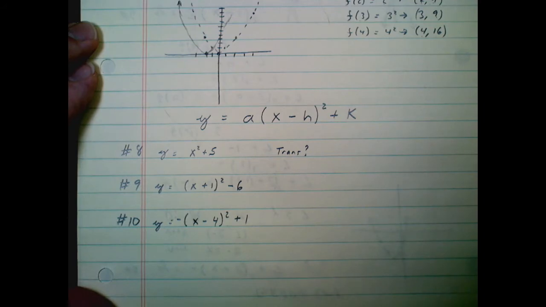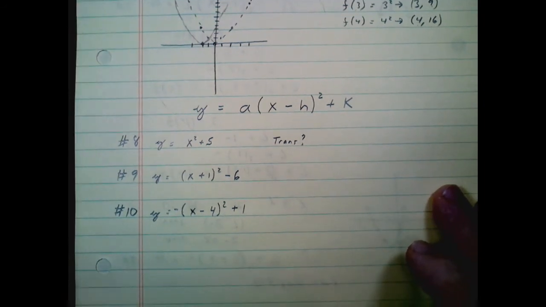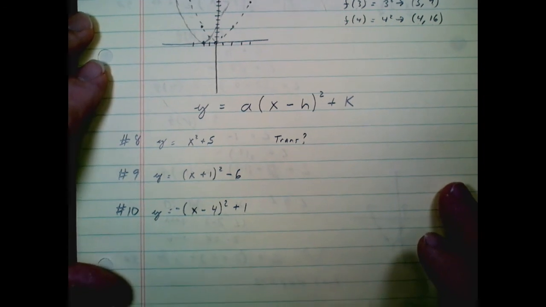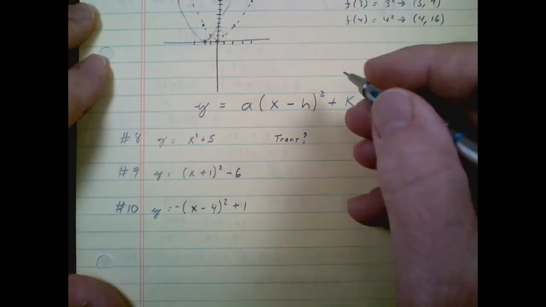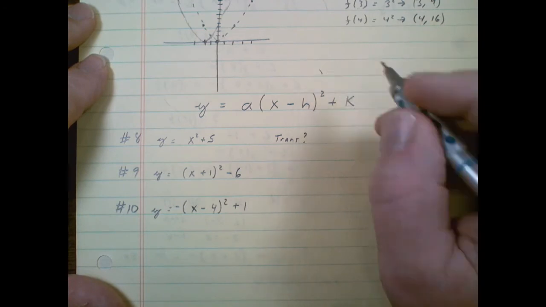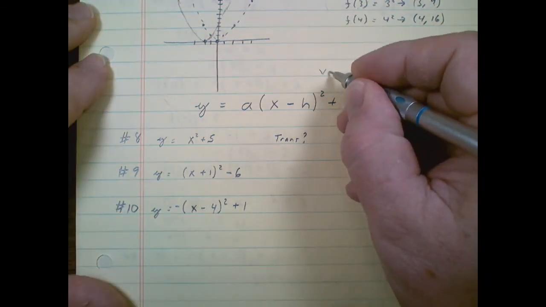Okay, after looking at the homework, I realized I can teach this to you in a really super fast way. I don't think it's necessary for you to go through all the making the table if you understand what's going on here. Okay, now this is our vertex. Remember our vertex? By the way, stop and write all this down. Okay, this is our vertex.